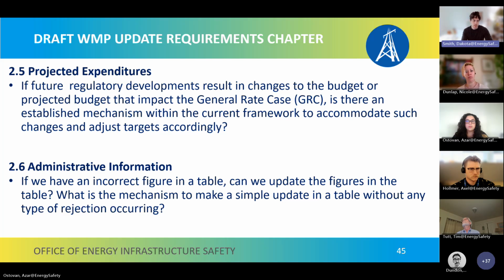If the change to the table is not reportable, then it should not be included in the update submission. And this could be an example of something that is more applicable for a change in the next base plan submission if it does impact that next WMP cycle.